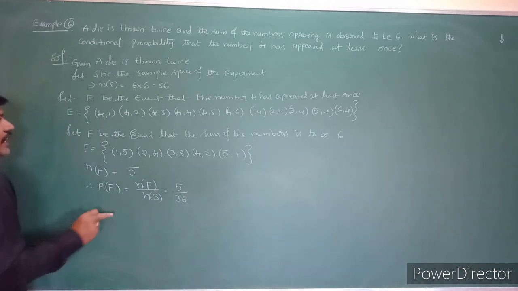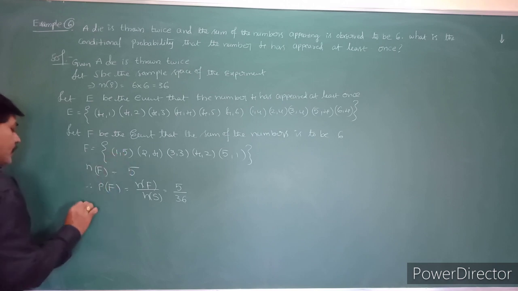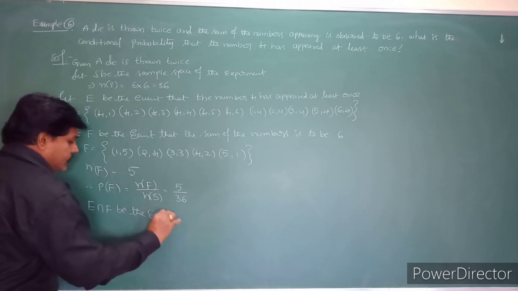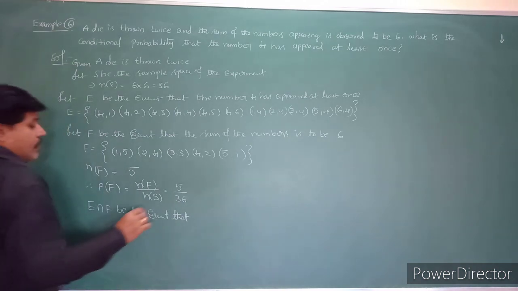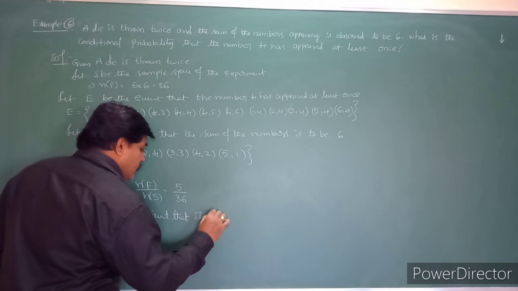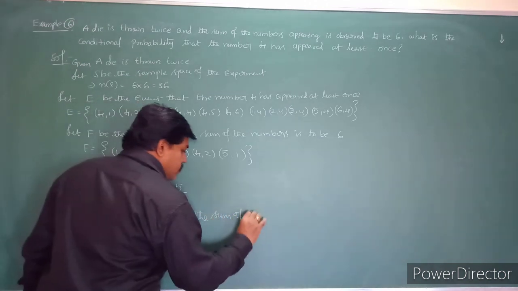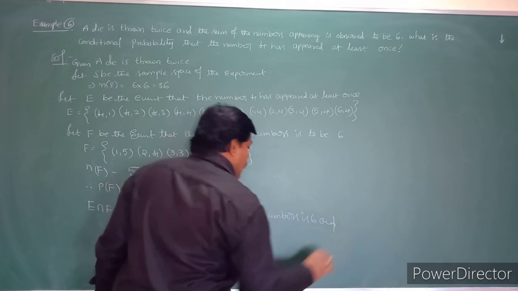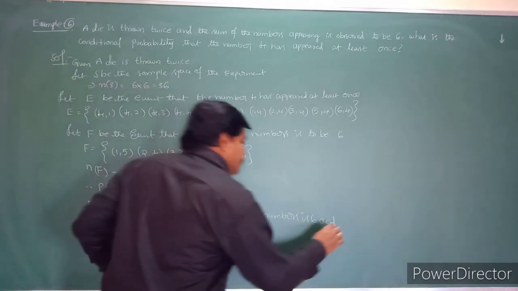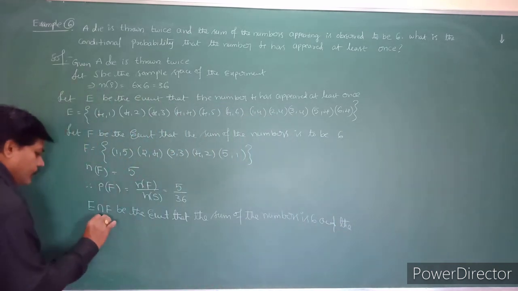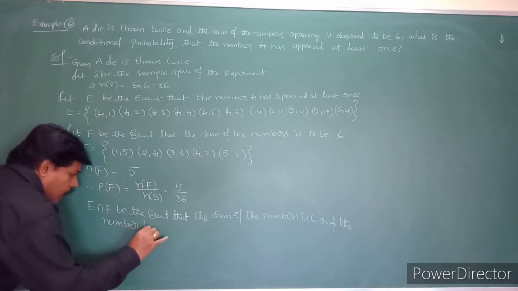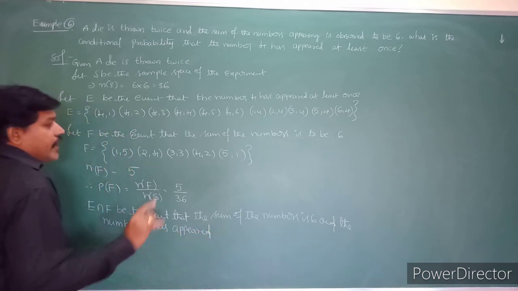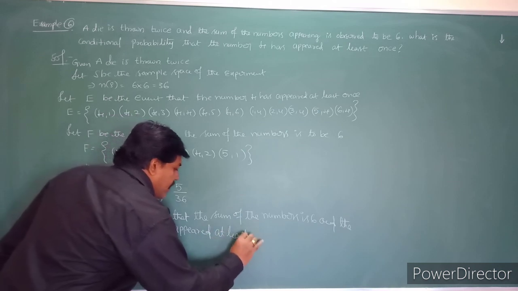So next, we will take E intersection F. What is the value of E intersection F? E intersection F is the event that the sum of the numbers is 6 and the number 4 has appeared at least once.